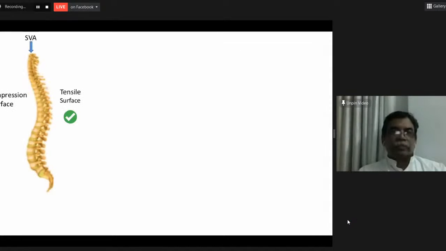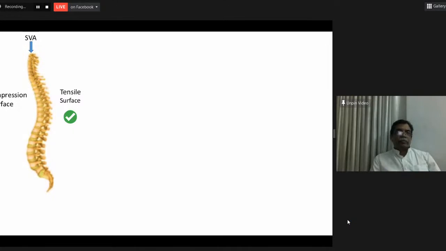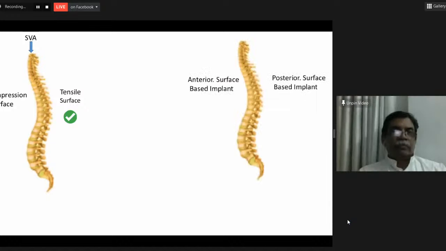Now, if you see the spinal column, the posterior surface is the tensile surface and the anterior surface is the compression surface. So we should try to put the implant on the tensile surface, as we also study in the biomechanics of the appendicular skeleton. So you can have a posterior based implant or an anterior based implant.